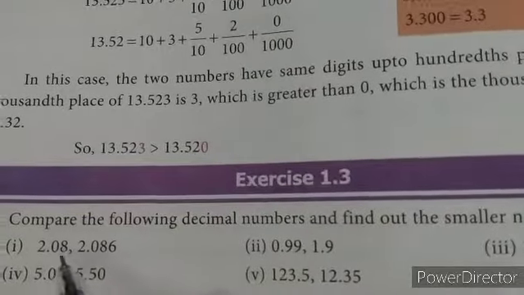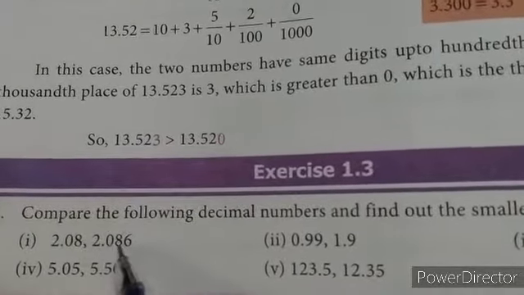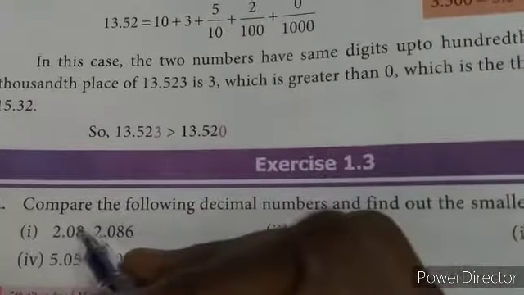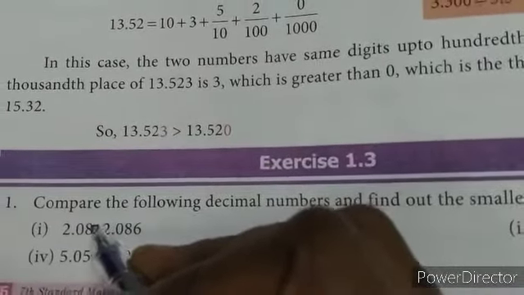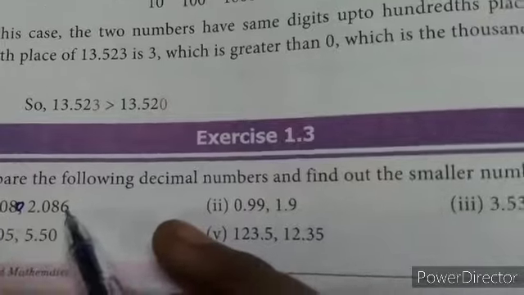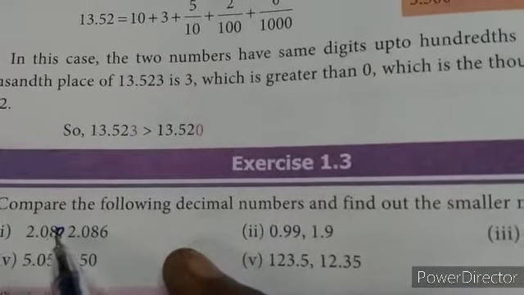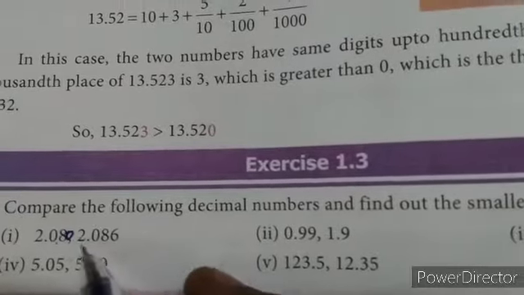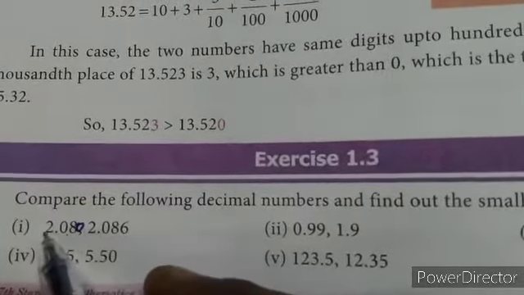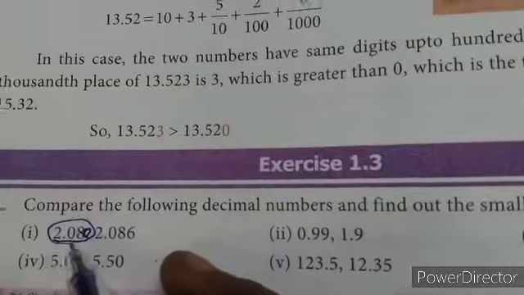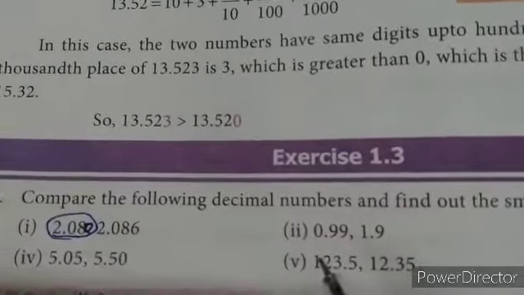Let's move on to the 100th place. There 8 and here also 8. Next step, we can add a zero here in the 1000th place. Here the 1000th place is 6. Now 2.080 is smaller than 2.086.